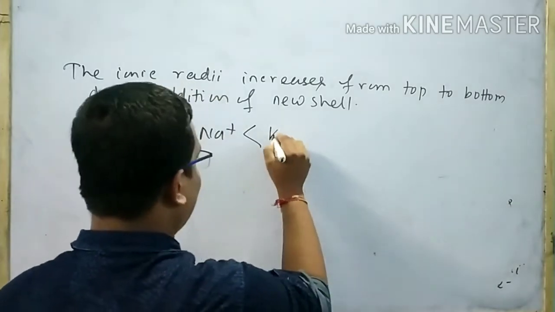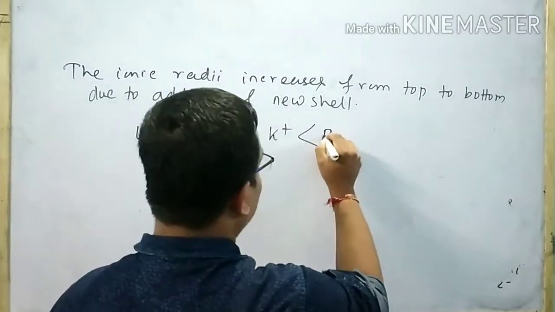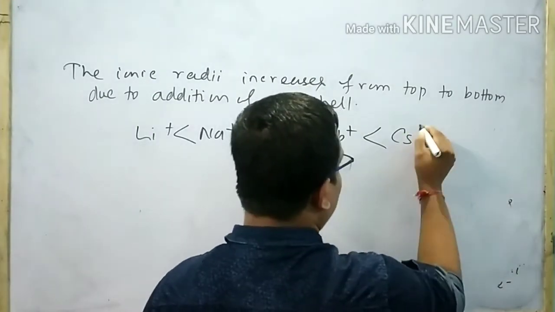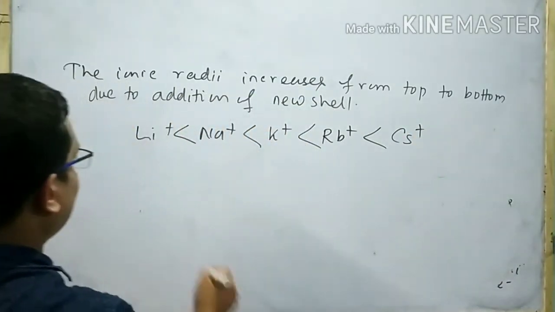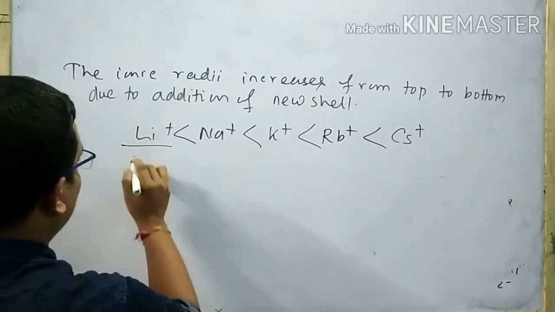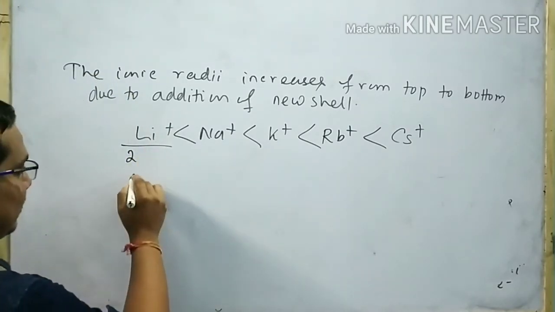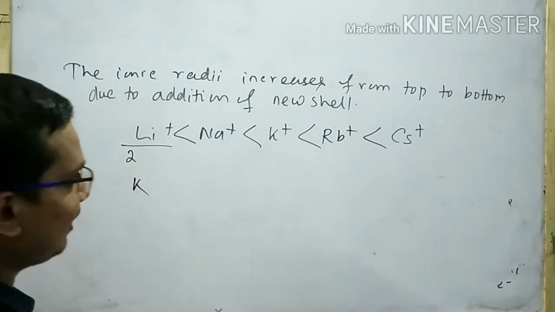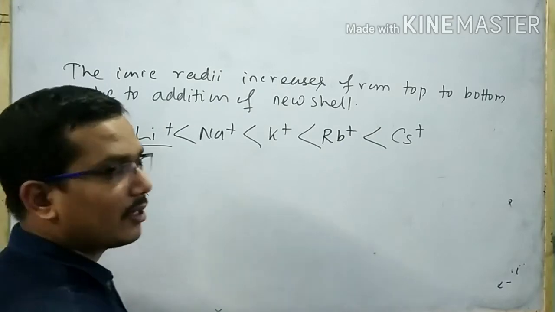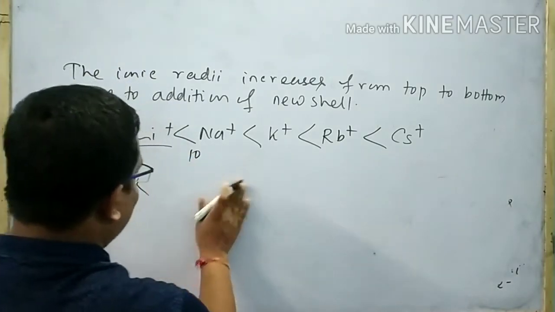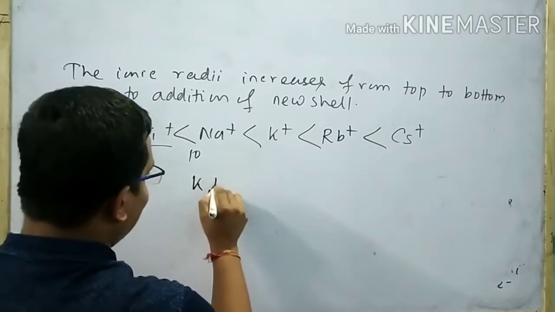less ionic radii than Na plus, which has less ionic radii than K plus, less than Rb plus, which has less ionic radii than Cs plus, because in Li plus the two electrons are filled in the K shell. In Na plus 10 electrons are present, filled in the K and L shells.